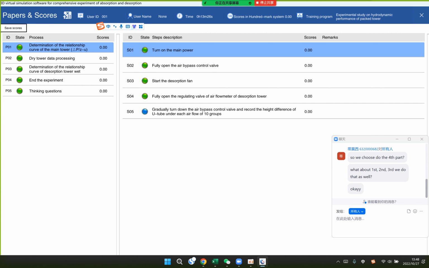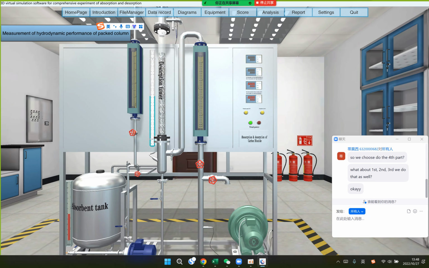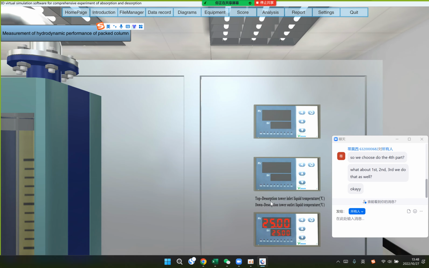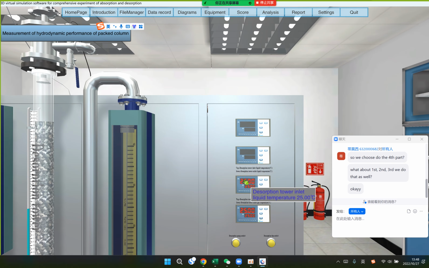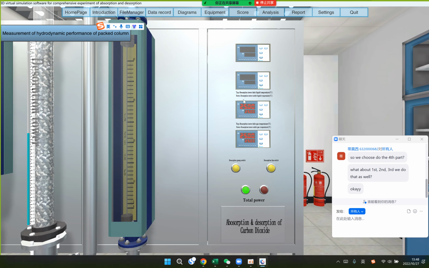Turn on the main power, and then we will find something in this panel. As you may find, there are the temperatures of the top and the bottom of the tower for the liquid and also for the gas.